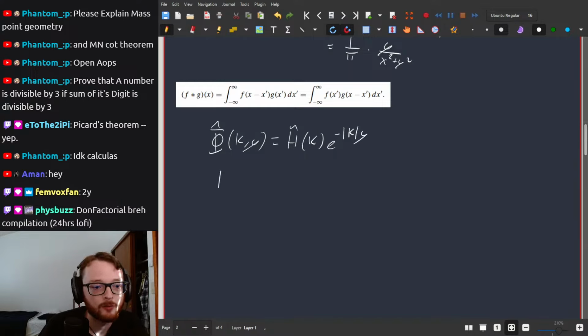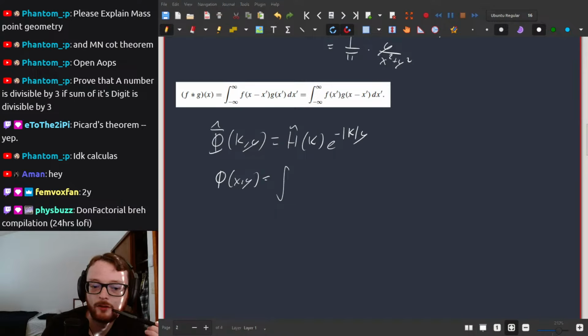So that means regular old phi of x, y, doing the inverse on k, that's not the formula that I wanted. Wait, I think I grabbed the wrong thing. That's the setup to the formula that I wanted.